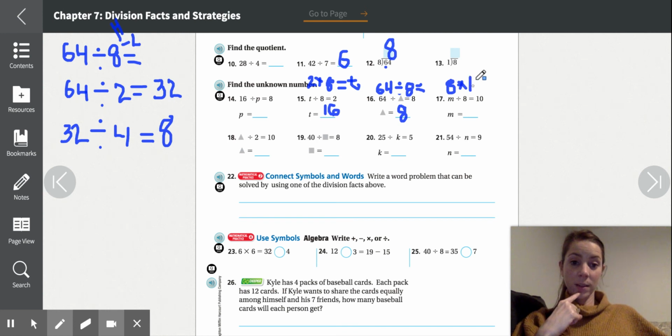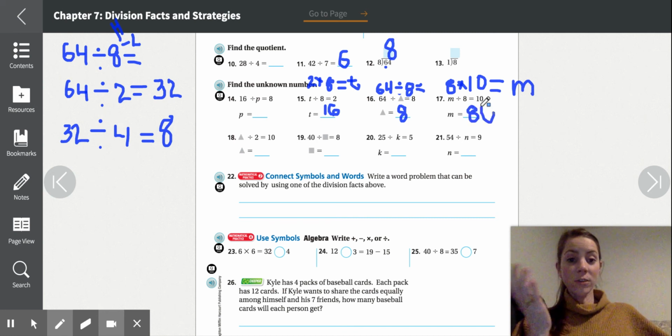Because if it's division, it's the total at the beginning, but if I need it at the end, that would be multiplication. So what is 8 times 10? It's 80, so m must be 80. And if I check to see if I did it right, if you put m in here at the beginning, 80 divided by 8, it is 10.